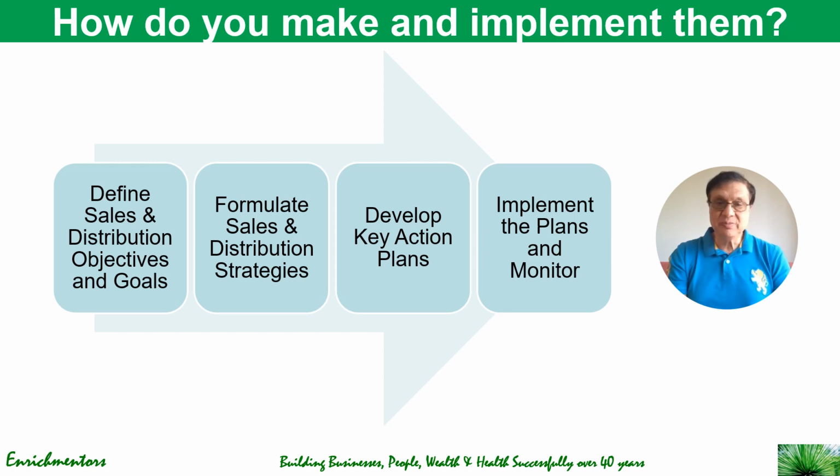And finally, the proof of the pudding will be in the eating, when the rubber hits the road, in implementing the plans and monitoring whether these plans are helping you meet those sales and distribution objectives. And if not, you need to modify whatever you are doing. If you are achieving those goals and objectives, then you keep intensifying the work that you've done. So this is how, at a broad overview level, you make those decisions and implement them.